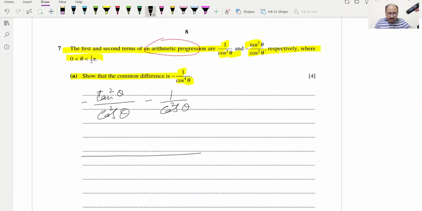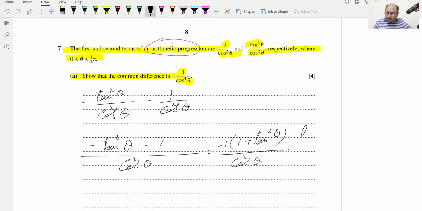And we can take LCM. LCM will be cos square theta, and this will be minus tan square theta minus 1, and we can rewrite it as minus 1 common, and inside will be 1 plus tan square theta over cos square theta.